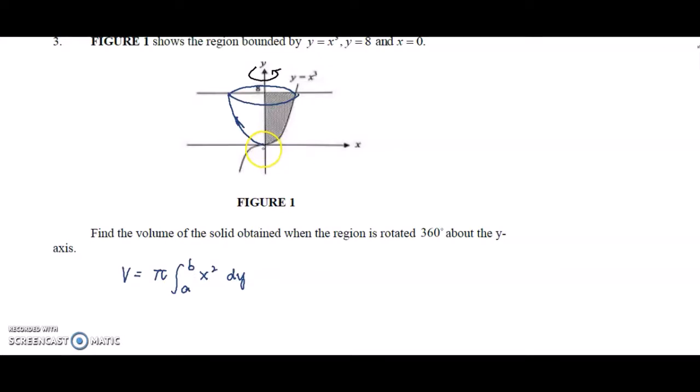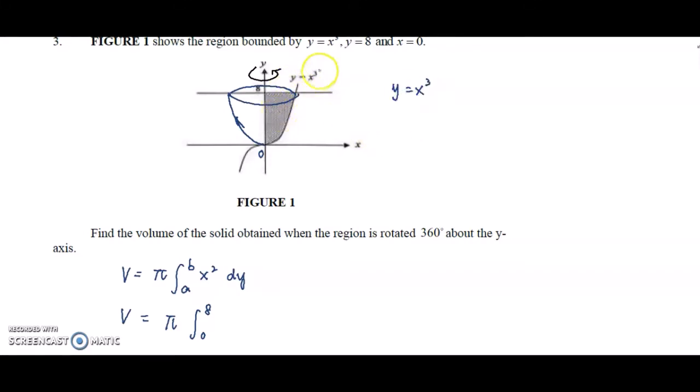For this case, it will be 0 to 8. The limits also need to be taken from the y-axis, so we have 0 to 8. And what is x squared? Because the question gives the curve y equals x cubed.